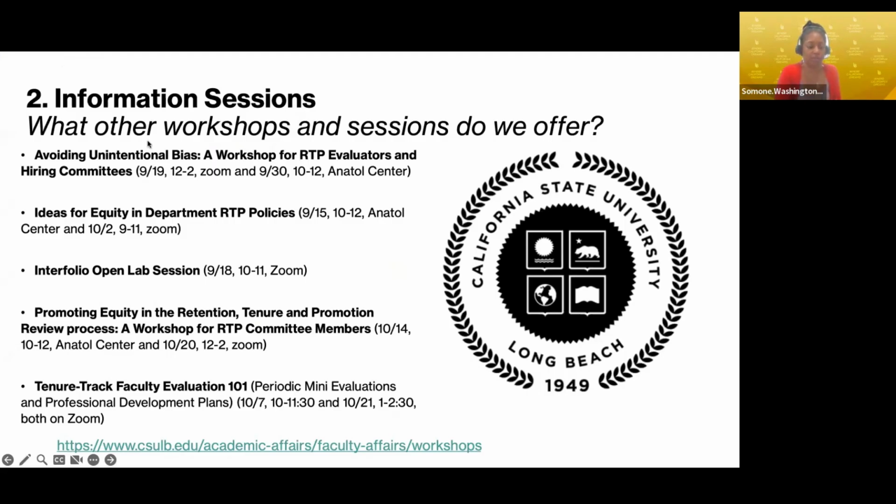So still adhering to the guidelines of whether or not you can use the new or the old. Either way, you have to upload the correct RTP policy that will be guiding your evaluation in that section. I hope that's clear. Thanks, Simone. And we can also always take questions by email afterwards as well to either myself or Simone, directly to Faculty Affairs. And of course, if we can't answer any questions, we will find out the answer for you.